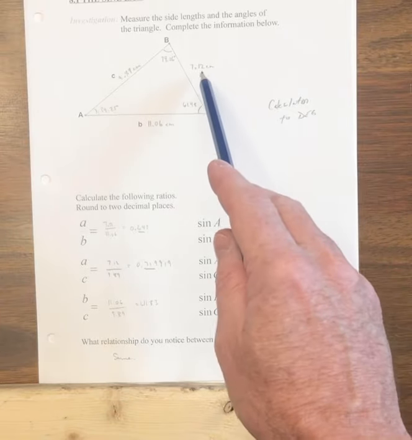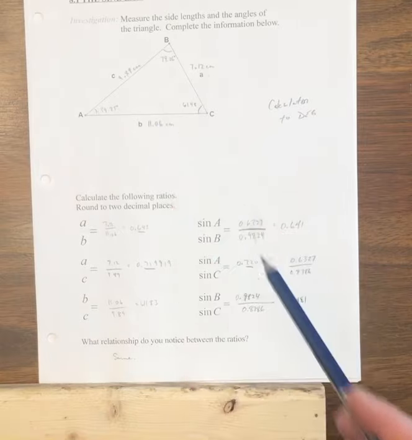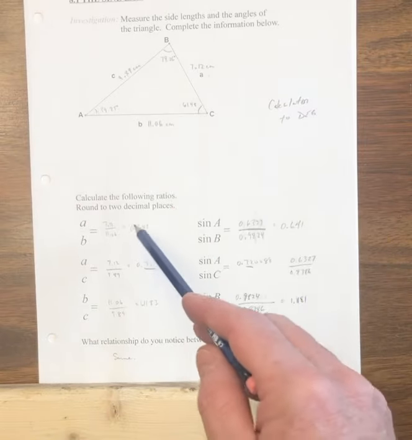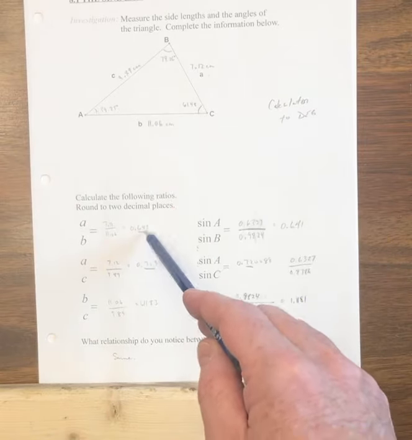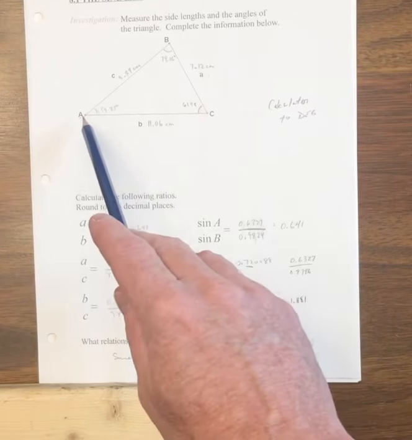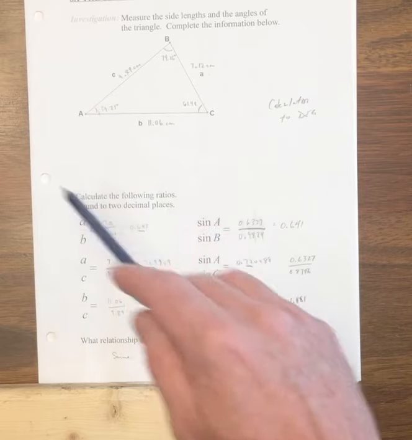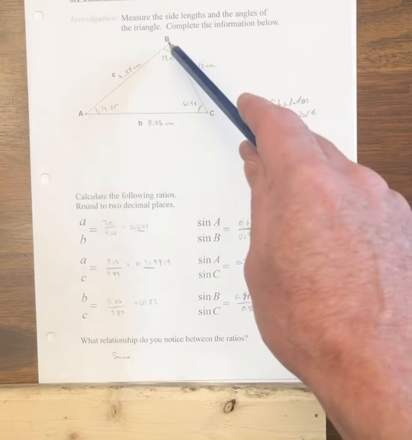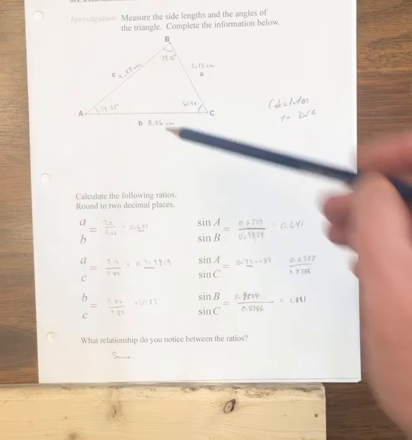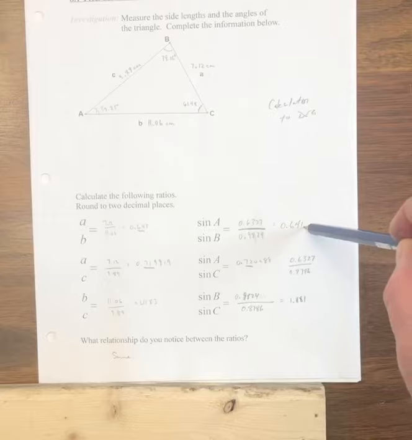I took the ratio of side A to side B, 7.12 over 11.06, and I get 0.64 rounded. When I take sine A, the angle, and the ratio of that to sine B, I get the same number, 0.64 rounded.